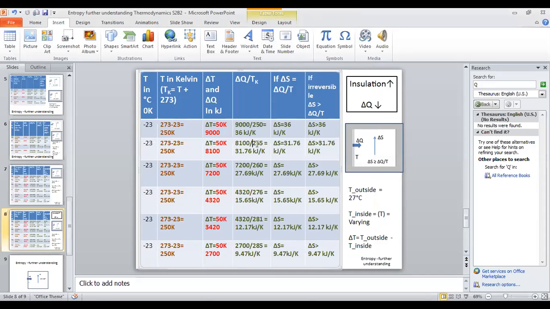So this becomes 8,100 divided by 250. Now it's a different calculation.